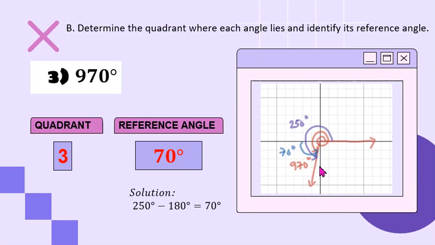If we add 90 more, that's 990 to reach this part here, and it's only 970, so it doesn't reach it. So from 900 degrees, in order to get 970, you need 70 more degrees.